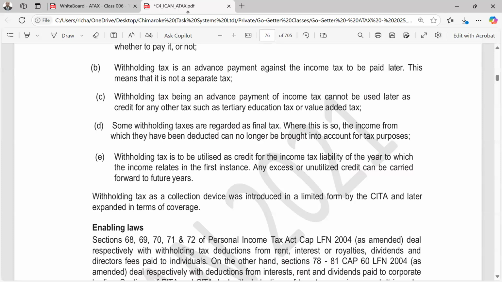The 50,000 is now an excess. Any excess or unutilized amount is carried forward to future years. Withholding tax as a collection device was introduced in a limited form by the CITA and later expanded in terms of coverage.